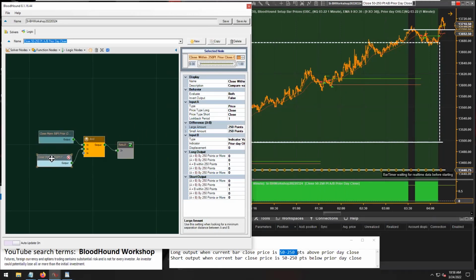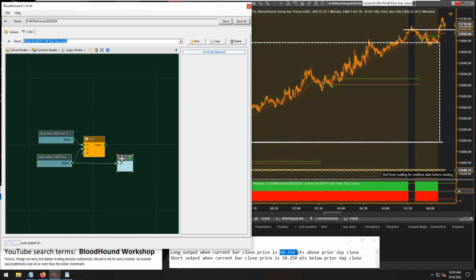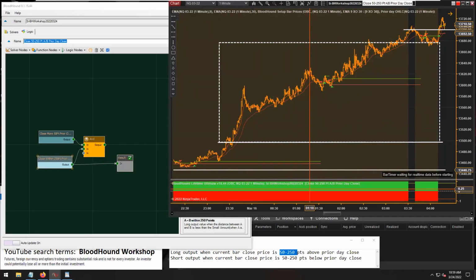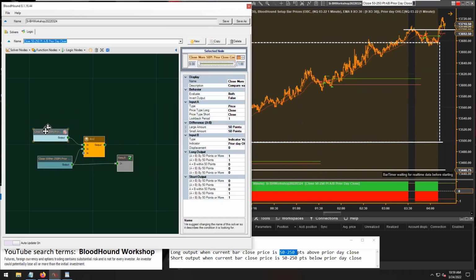And then the other comparison solver that sets up the maximum range limit is going to give us both a long and a short output there. So it's the other comparison solver that actually determines whether we're going to get a long or a short.